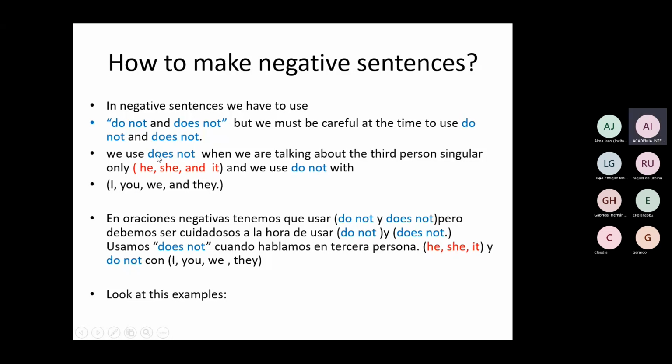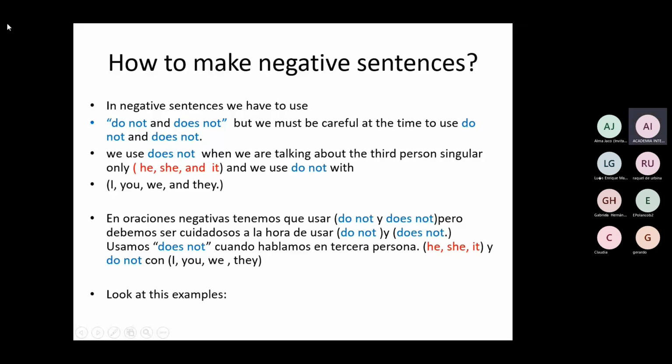We use does not when we are talking about the third person singular. Only he, she, and it. Solo usamos does not con he, she, and it. And we use do not with I, you, we, and they. Okay? Very simple.